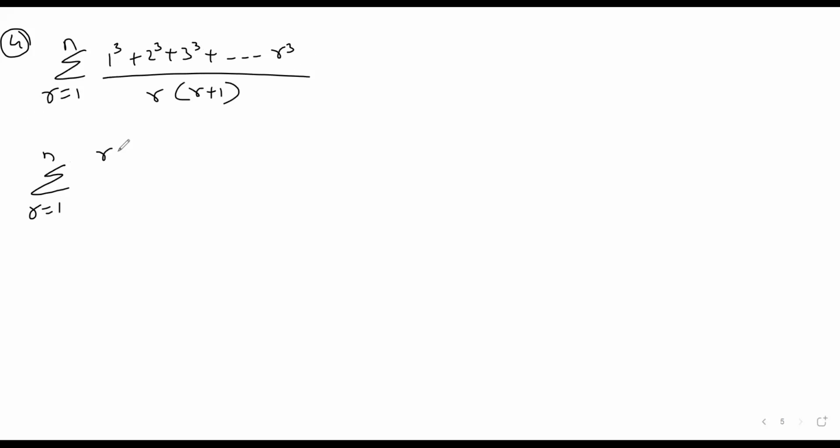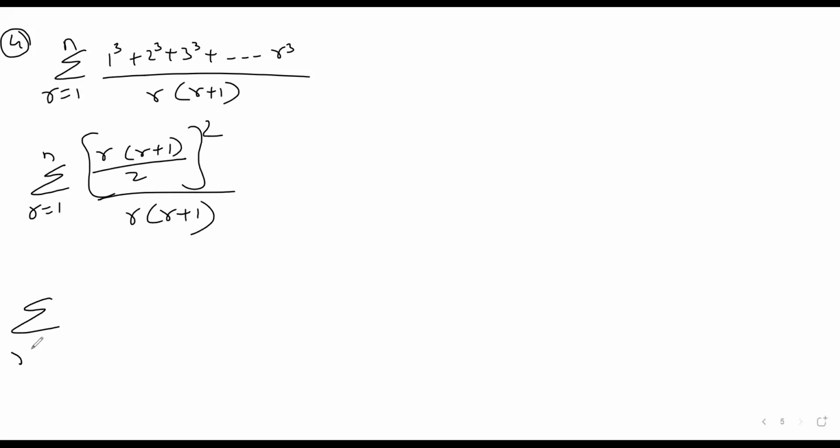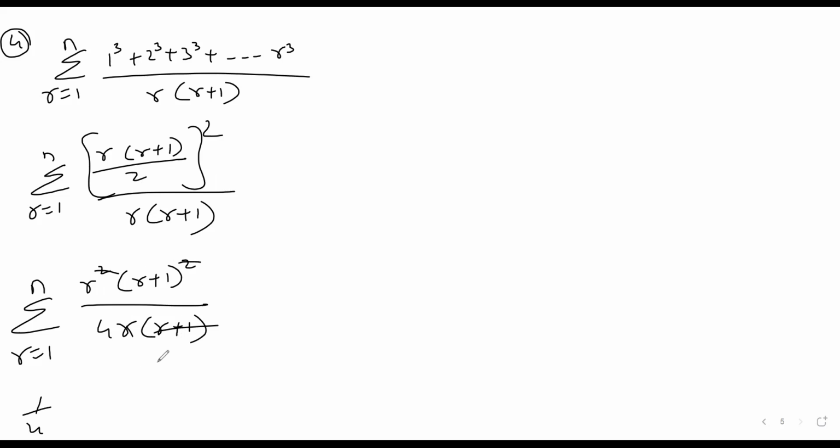This is r plus 1 by 2 whole bracket square upon r into r plus 1. Summation r runs from 1 to n, r square r plus 1 bracket square upon 4 r into r plus 1. One r cancels, this 4 came from here, the square of 2 is 4 below, and these cancel. So we can write 1 by 4 summation r runs from 1 to n, r plus 1.